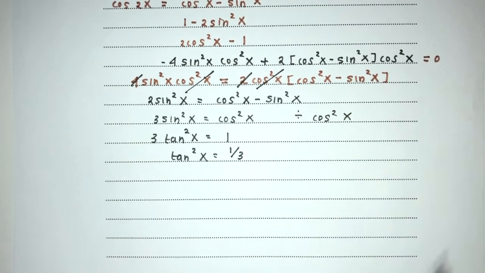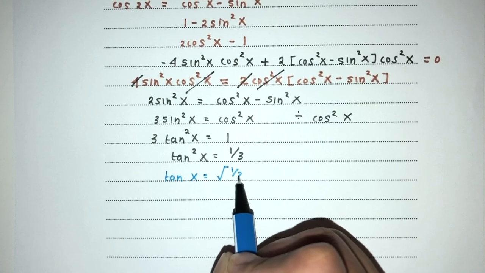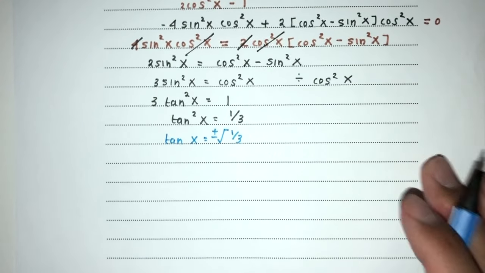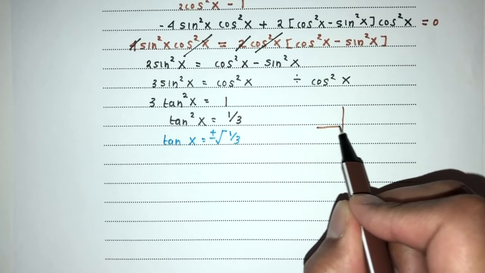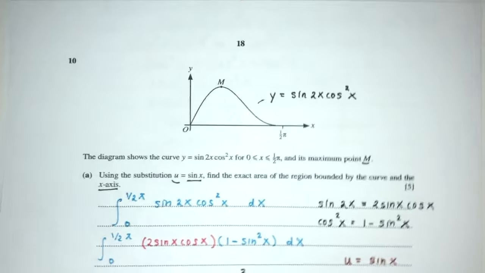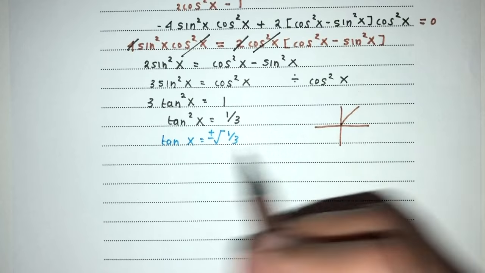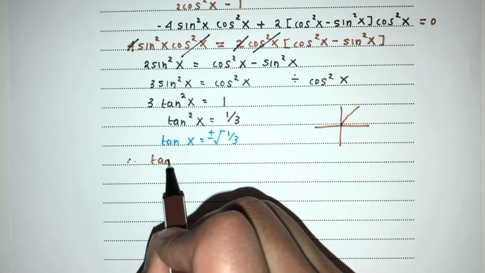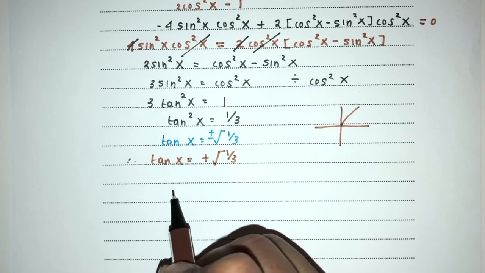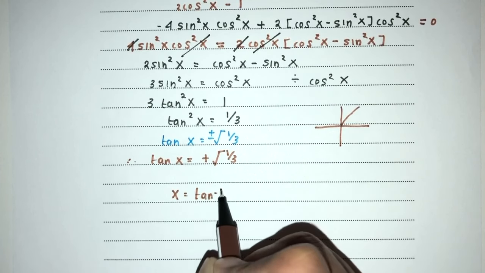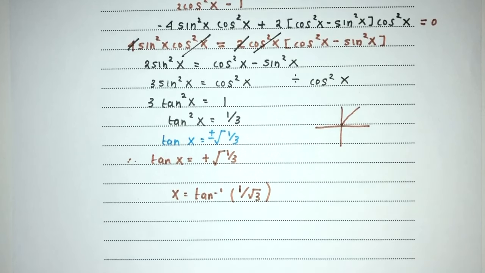Now we have two possible values, as you can see. Tan x will be root of 1 over 3, of course, plus or minus. Now, again, because the value of x, according to the question, is between 0 and pi by 2, it will be in the first quadrant. So we can only take the positive value of tan x. So tan x can be plus 1 over root 3. So x has to be tan inverse of 1 over root 3 for the exact value, right?